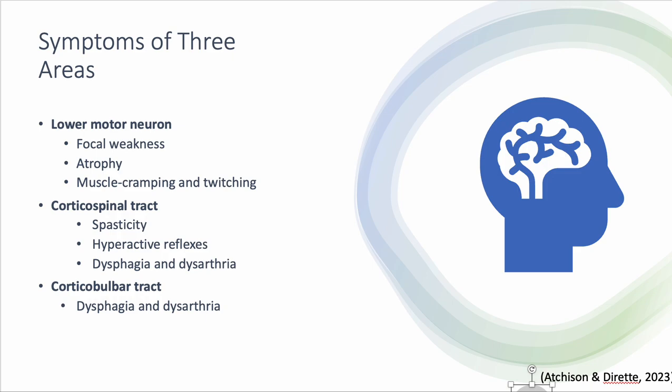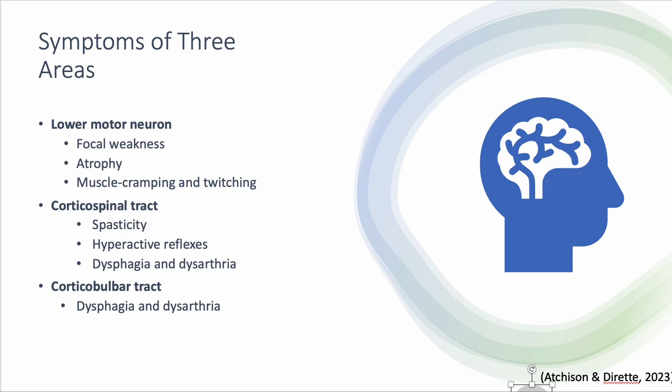Within this slide, I really wanted to show where some of these symptoms actually lie, breaking it up between the lower motor neuron, corticospinal tract, and the corticobulbar tract. Within the lower motor neuron, this is where focal weakness, atrophy, muscle cramping, and twitching will be seen.